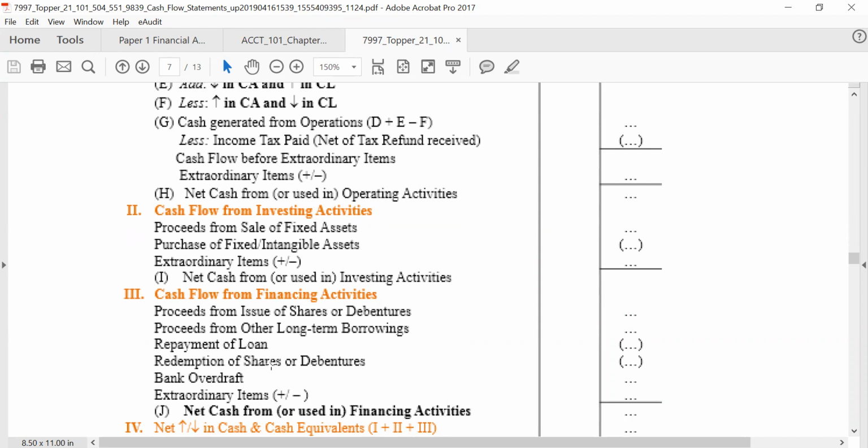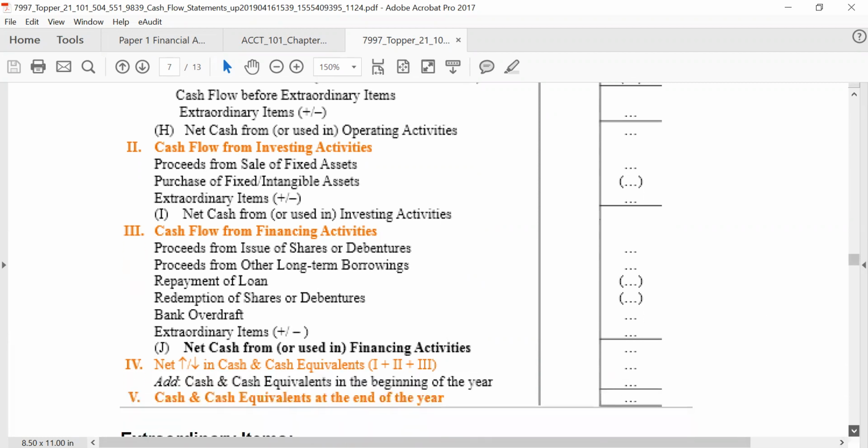In case there's a redemption of shares, the word redemption of shares means a shareholder is able to get back his money for his shares, okay? If a shareholder is reimbursed back his money for the shares that he has in the business, it's a redemption. In case maybe we have a bank overdraft, which is also being brought up here.